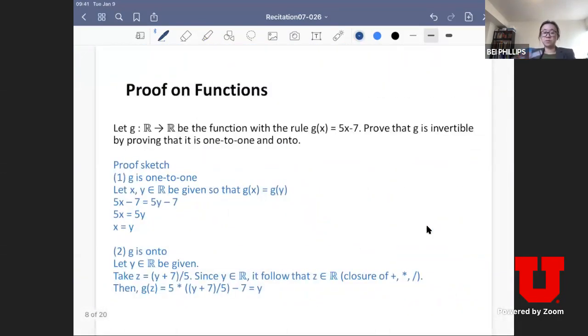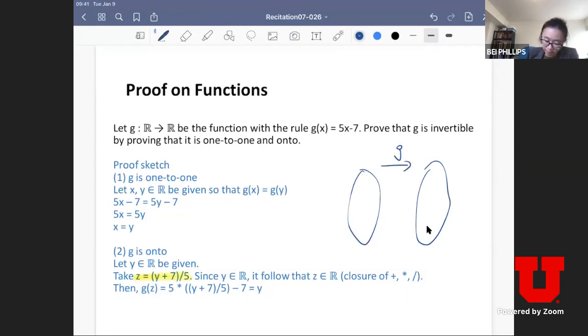So what I have here is a more tightly written solution. To prove it's onto, you're really just solving. Of course, here I'm using a variable z. A mental picture you want to have is you have the function g that maps from domain to codomain. And for any element in the codomain, I'm going to find an element in the domain that will map to it.